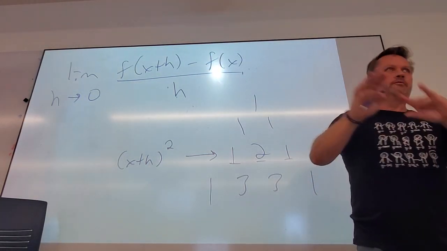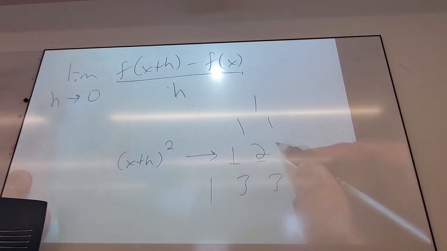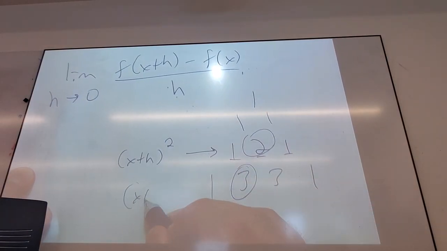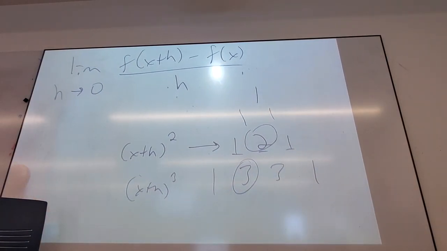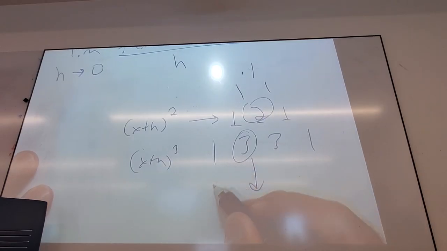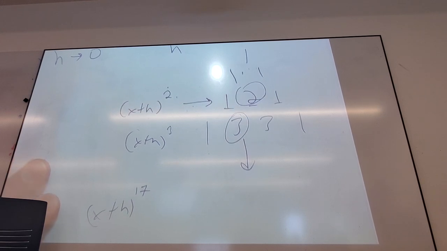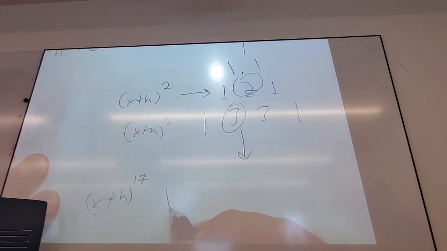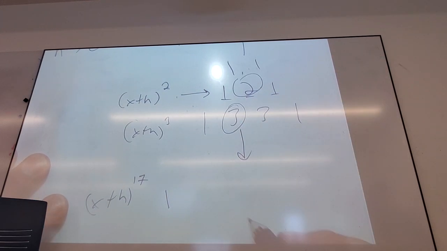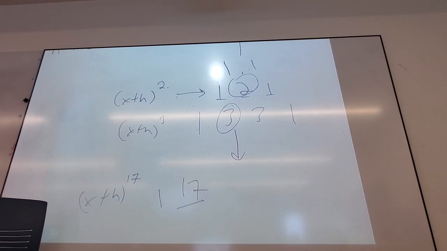Now, see this number here? You with me? So if I went down far enough, if I had to do x plus h to the 17th, there would be a 1 first, yes? What would be next? 17. Is everybody with me?